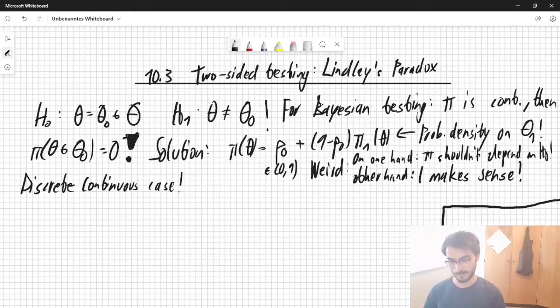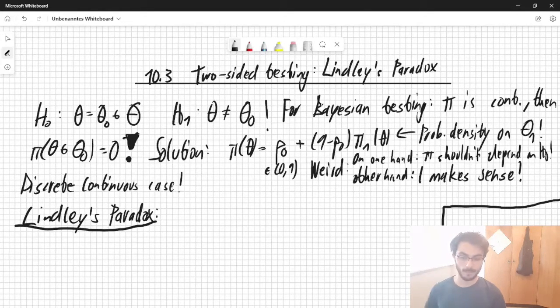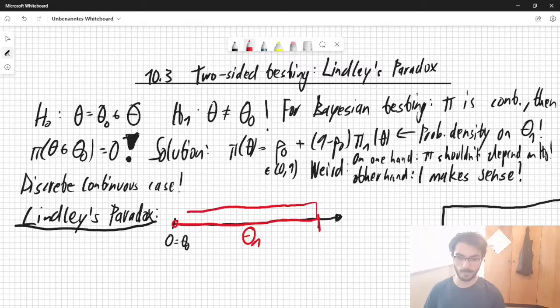And so what can happen is, and this is called Lindley's paradox, if we look at this line, and let's say 0 is theta 0, so this is our H0 being true, and this whole line, excluding this point, is theta 1, and let's say we have some density, let's say the uniform, so we gave everything here the same probability.